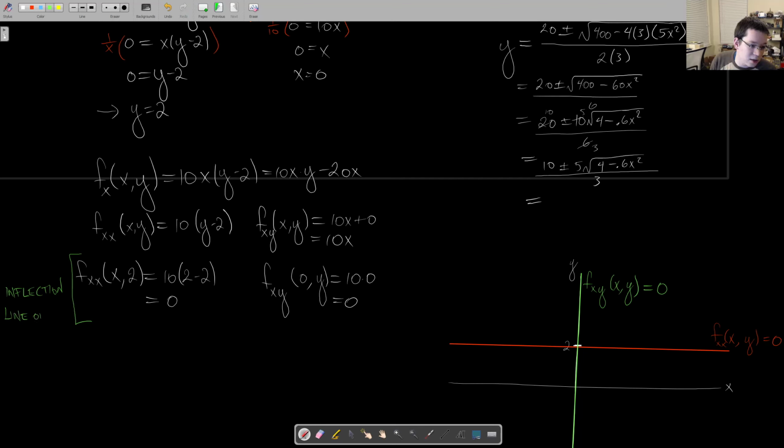Line of inflection points along y equal to 2.